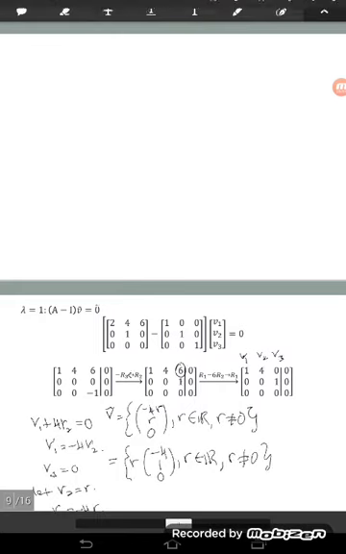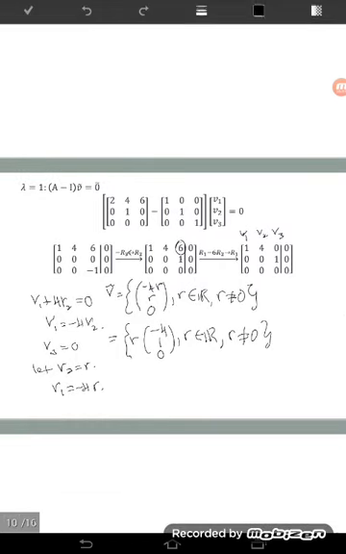Then the basis for the eigenspace of lambda equal to 1 is negative 4, 1, 0.